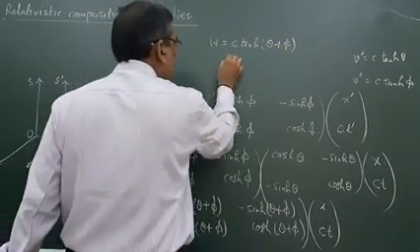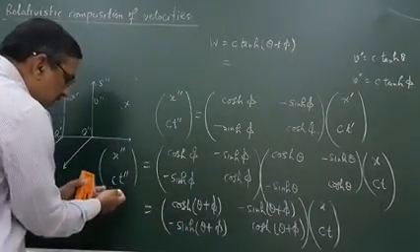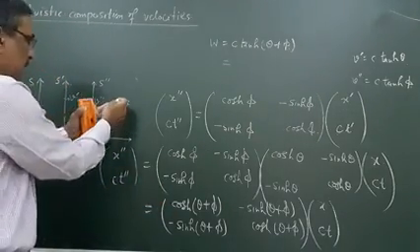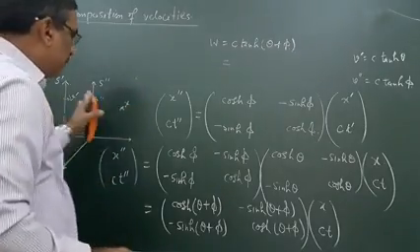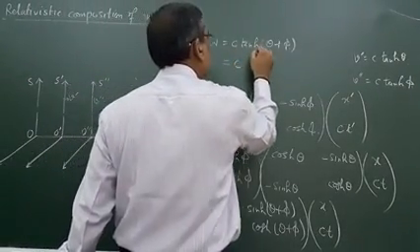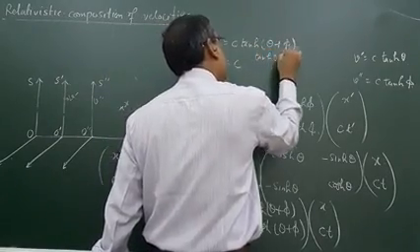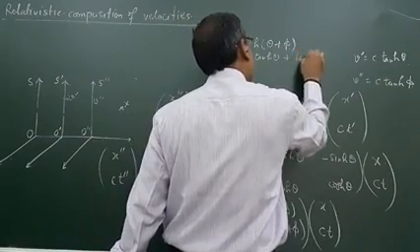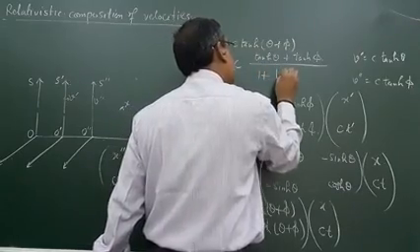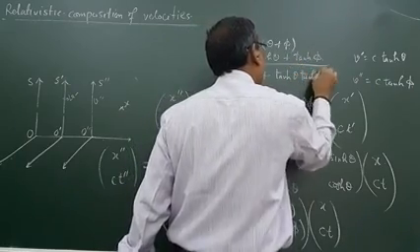This is the Lorentz transformation of these three frames, from one frame to another to the third one. So I can write w equals c times tan hyperbolic theta plus tan hyperbolic phi, upon 1 plus tan hyperbolic theta tan hyperbolic phi.